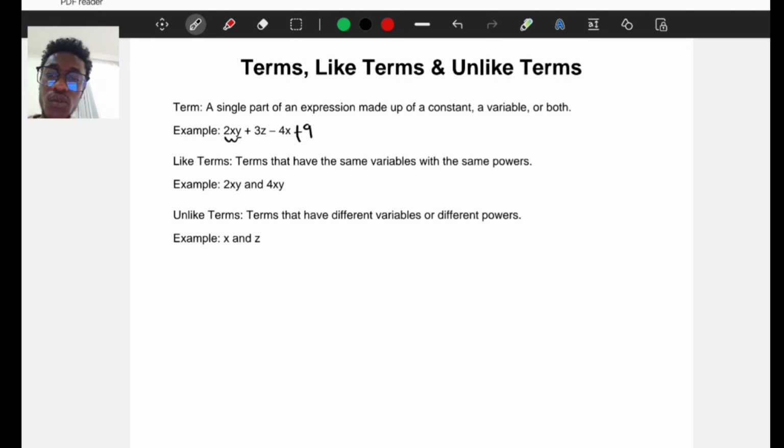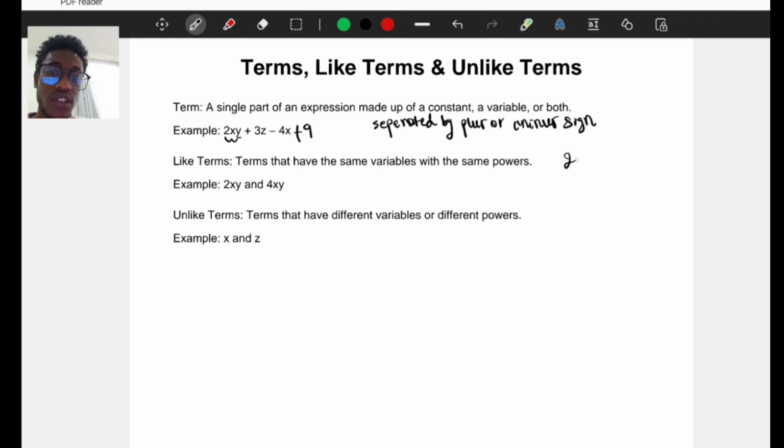So let me tell you one trick. A single part of an expression that is separated by plus or minus is a term. Hear me, separated by plus or minus sign. So a single part that is separated by a plus or minus sign is a term.